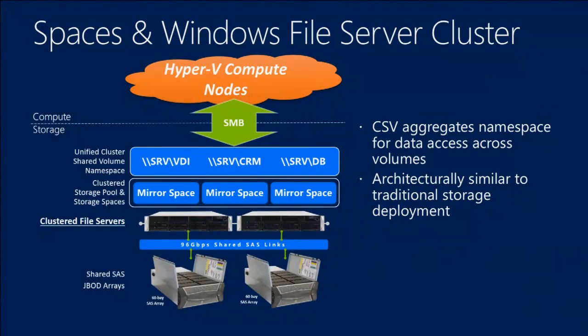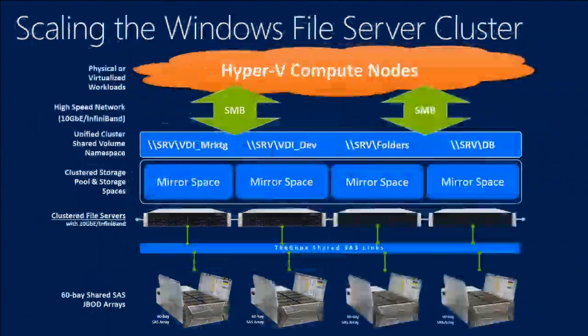So you can see I have a separation of my compute and a separation of my storage, and I can scale those independently. Architecturally, this is very similar to how you deploy traditional storage, where you purchase a storage array, stick that storage array in, and present your Fibre Channel LUNs up to your Hyper-V compute.